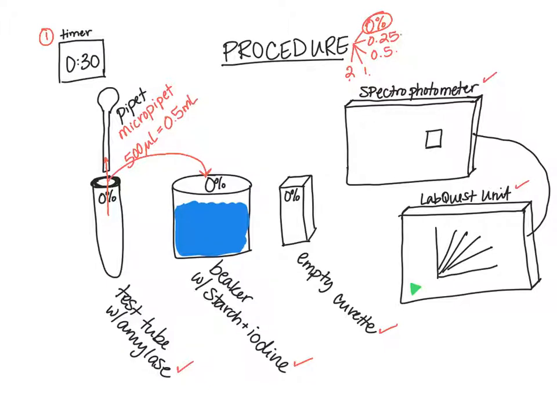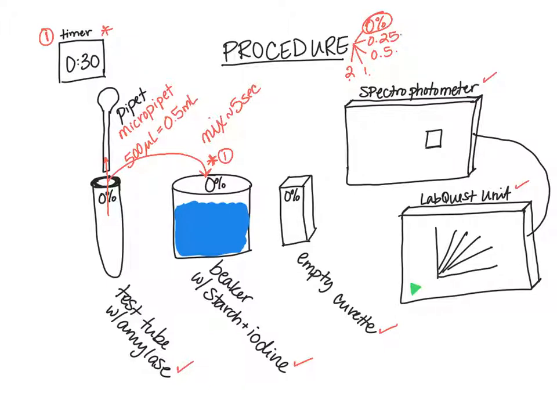Now, as soon as those solutions are mixed, then the timer needs to be started. So these two things need to happen at the same time, starting the timer and adding the solution into the beaker. Now, with the same pipette, you're going to mix for we'll say about 5 seconds.